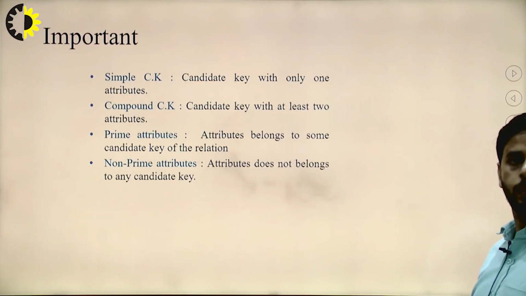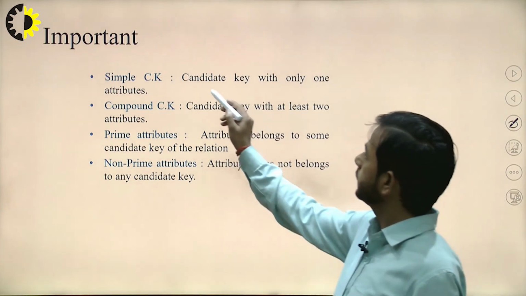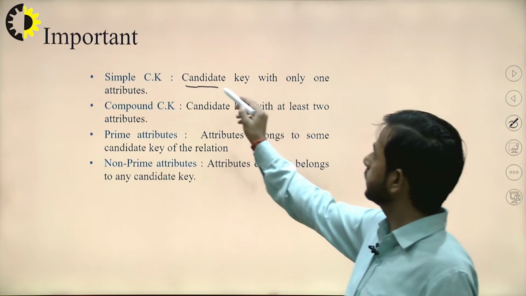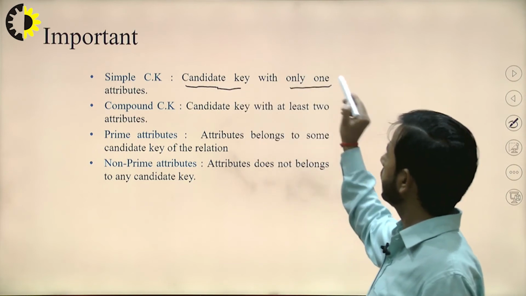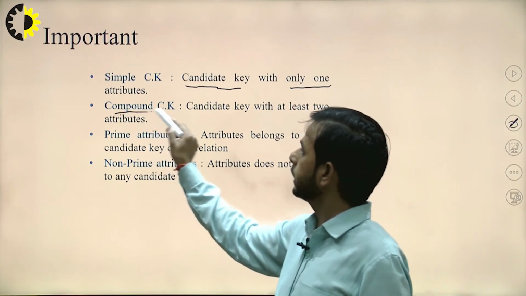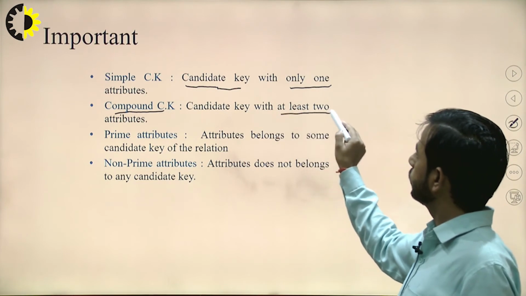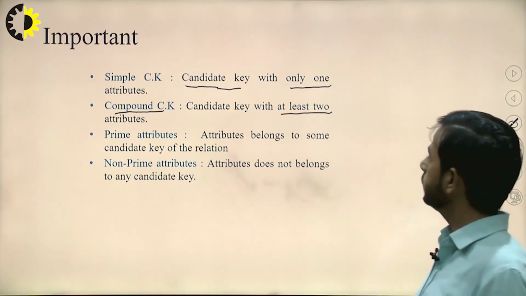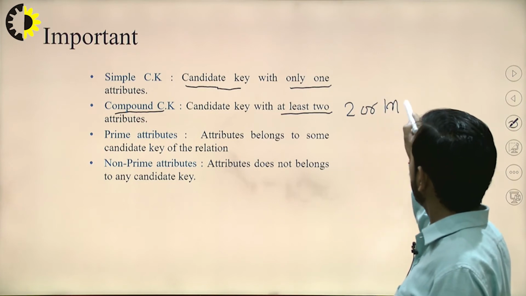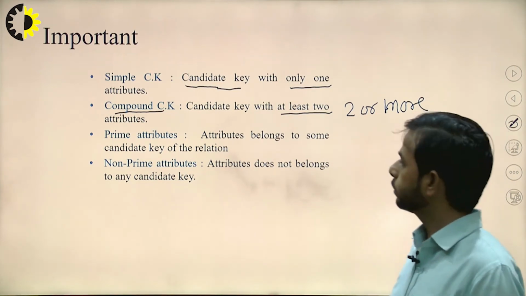Next, some important points about candidate keys. First is the simple candidate key: a candidate key with only one attribute is known as a simple candidate key. Next is the compound candidate key: a candidate key with at least two attributes, so there may be two or more attributes.